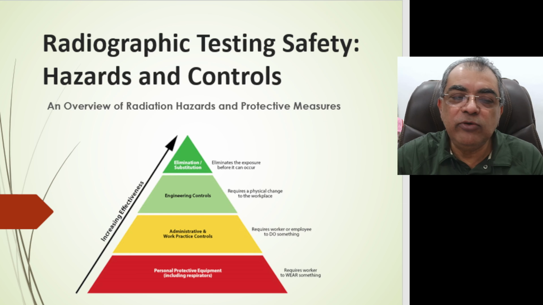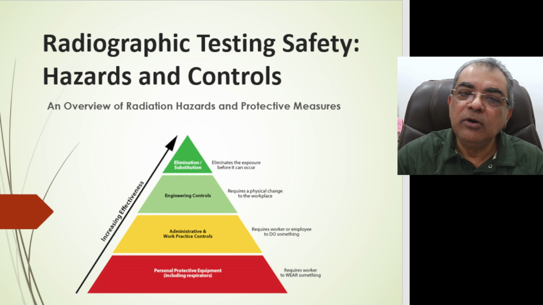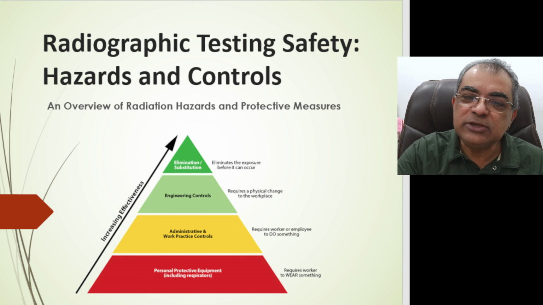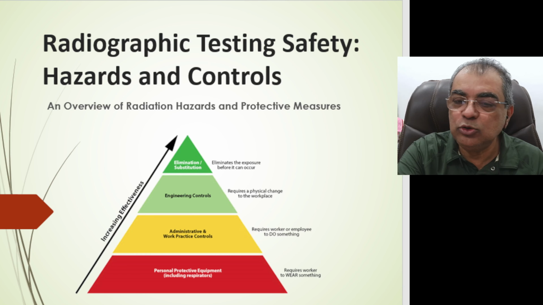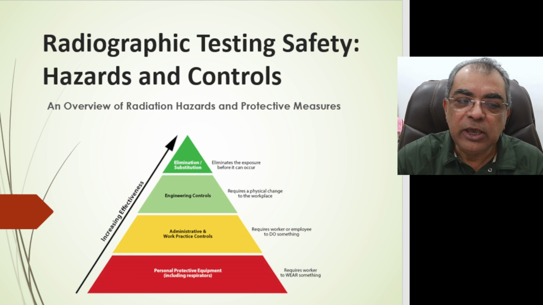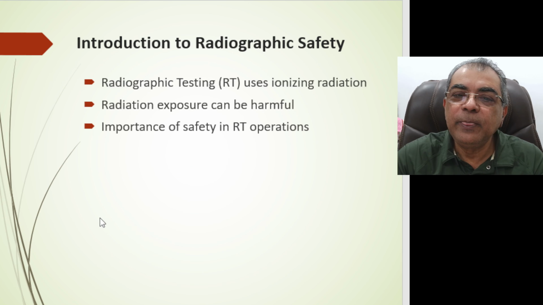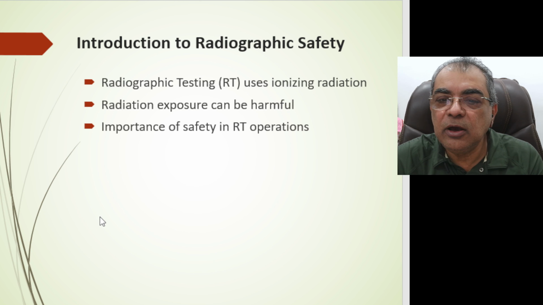Okay. So now we will come to the main chapter, radiography testing safety. You must know this is the hierarchy of risk control, hazard control. This triangle is always used here also. So, introduction.